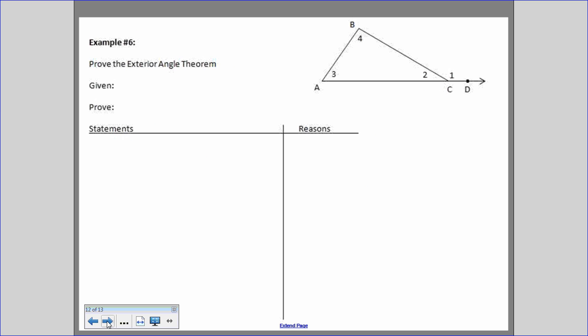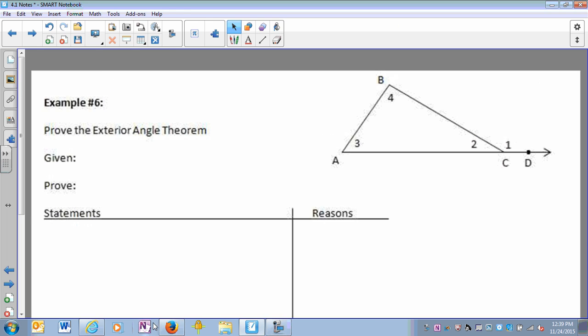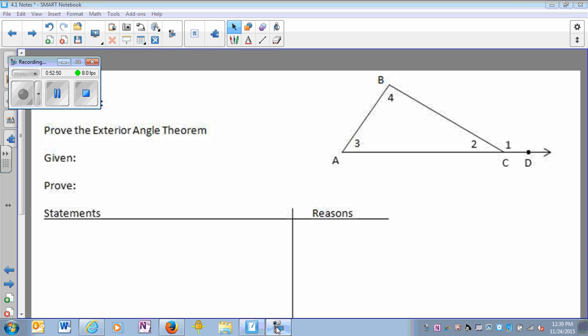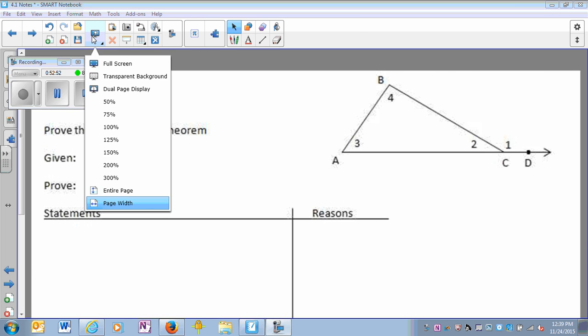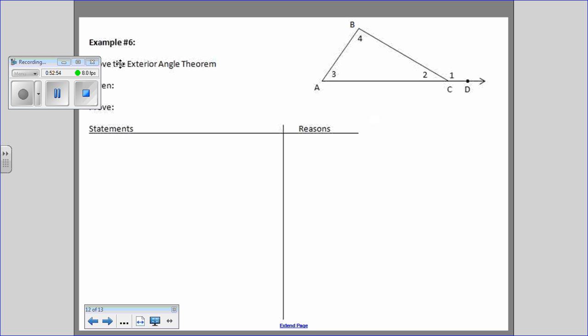Alright, last thing we're gonna do today. Another super fun thing. No! Proofs! Spirit fingers for proofs. Okay, so we are going to prove the exterior angle theorem. Last thing we're gonna do today. Prove the exterior angle theorem. Sorry, I'm getting scared that I'm gonna have to record again, but my thing's still there.